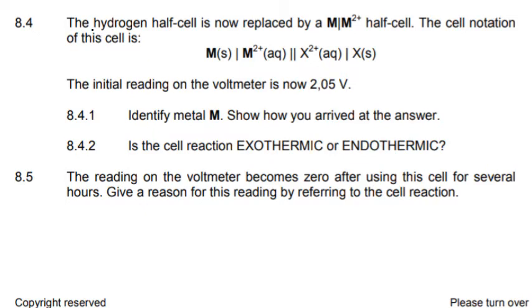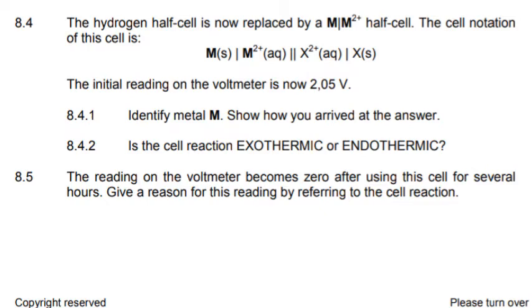8.4. The hydrogen half cell is now replaced by another unknown half cell, which they're calling M. The cell notation for the cell is given as follows. Remember that cell notation is something that we only write for galvanic cells.